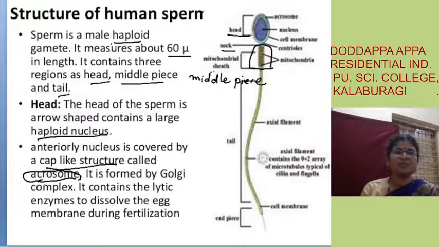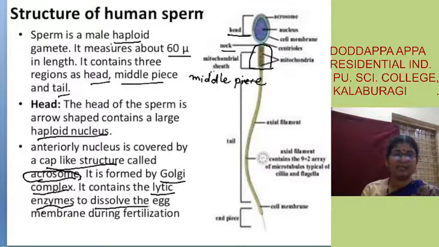These are MCQ questions. This acrosome mainly contains lytic enzymes. Lytic means lysis, destruction. These lytic enzymes help in the dissolution of the egg membrane.